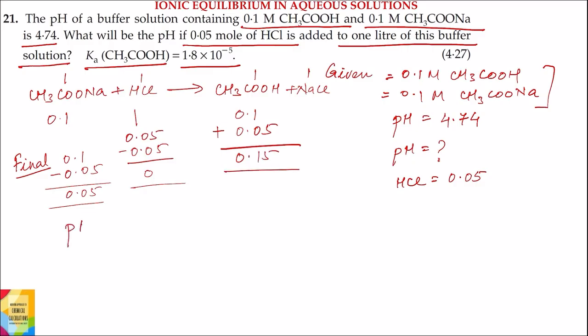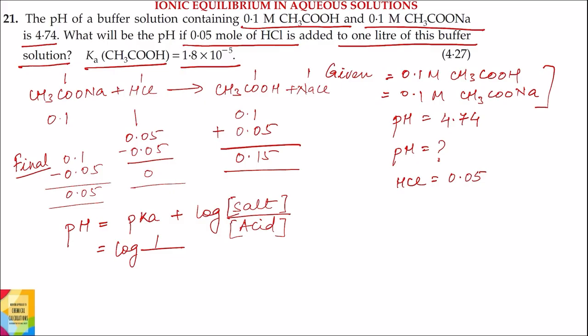Now the pH of the solution will be pKa plus log of salt divided by acid, that is, concentration of the salt divided by acid. pKa means log 1 by Ka. What is the value of Ka? 1.8 × 10^-5, plus log. What is the concentration of the salt? The concentration of the salt is 0.05, that is sodium acetate. So this is 0.05 divided by, what is the concentration of acid?